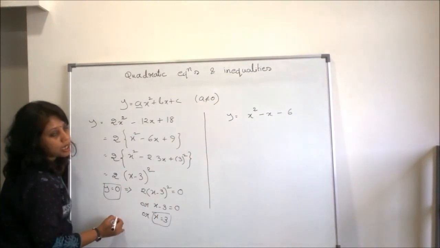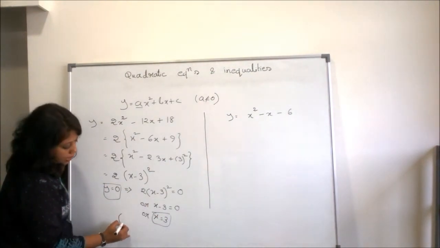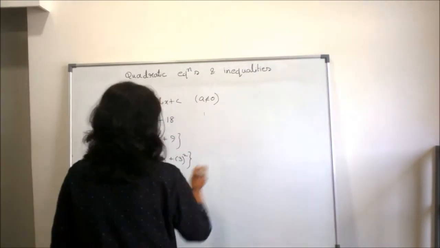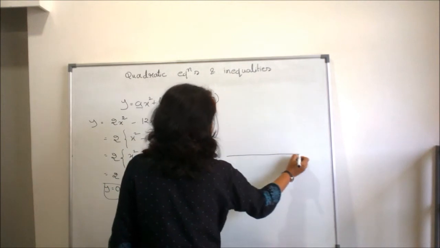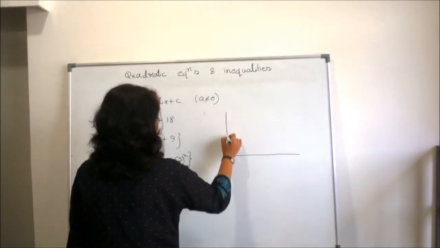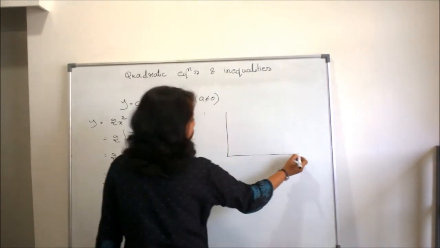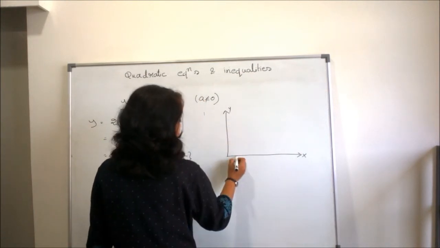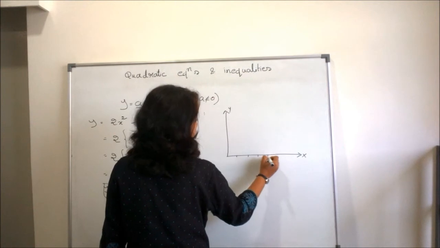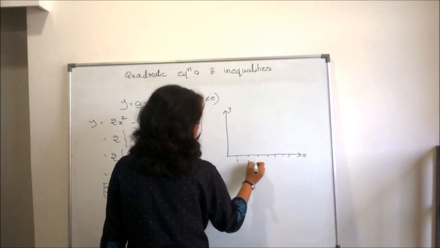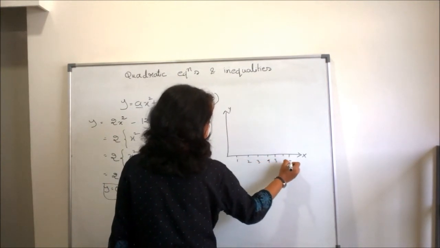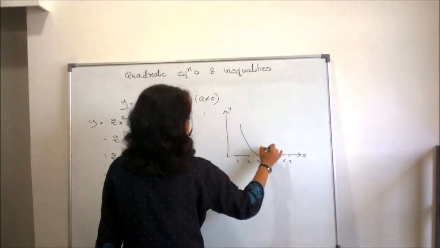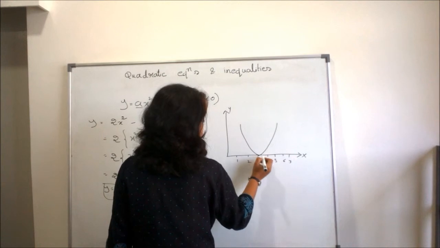That means the curve touches the x-axis at the point 3, 0. Our curve will be, this is x, this is y, and it touches the x-axis at the point 3, 0.